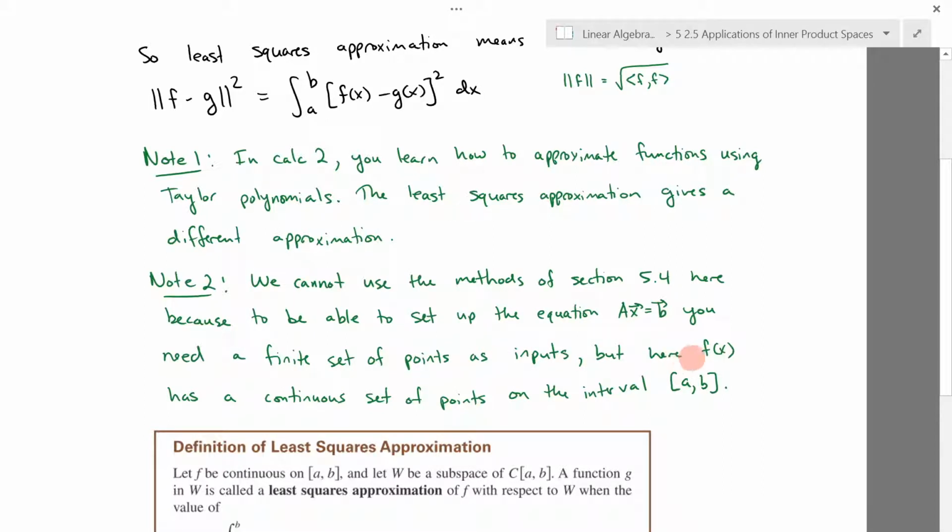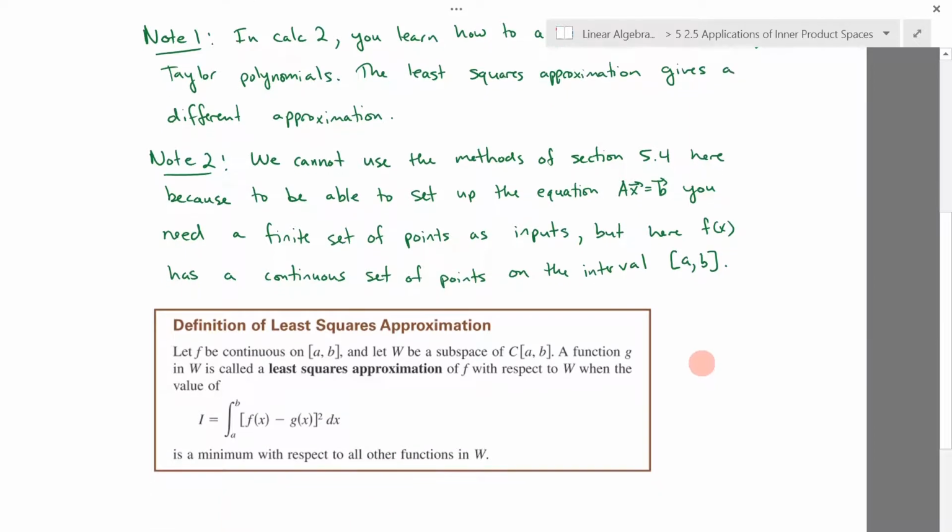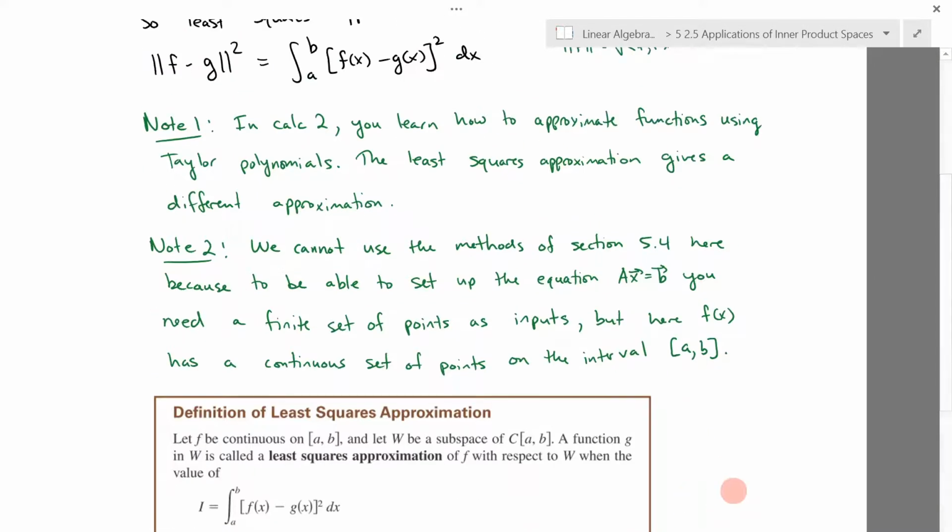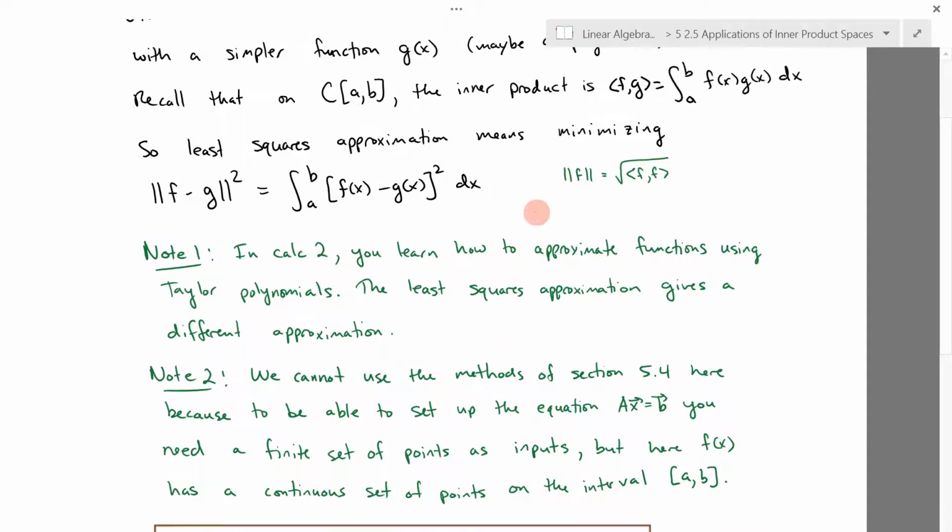But again, a function f of x has a continuous set of points on this interval. Okay, so the definition here is just, again, saying that a least squares approximation means trying to minimize the squared norm in this way.